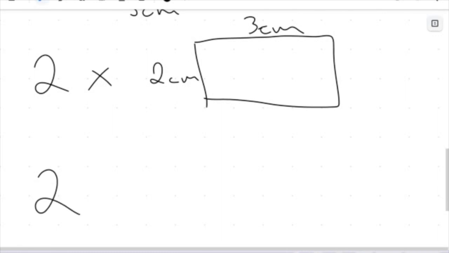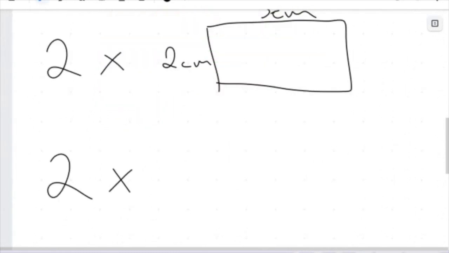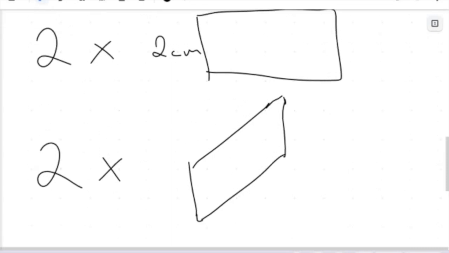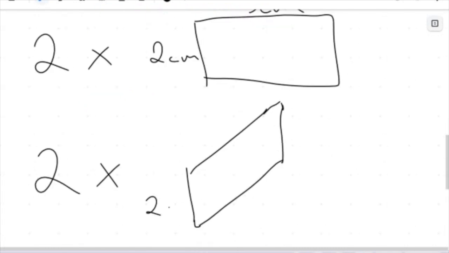So I have another pair, so 2 of the side surface, the left and right. So I have this one here. Once again, it's another rectangle. All of these are rectangles. And that is 2 centimeters by 5 centimeters.